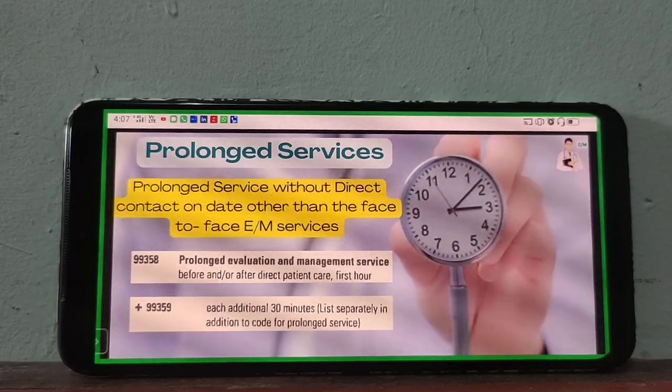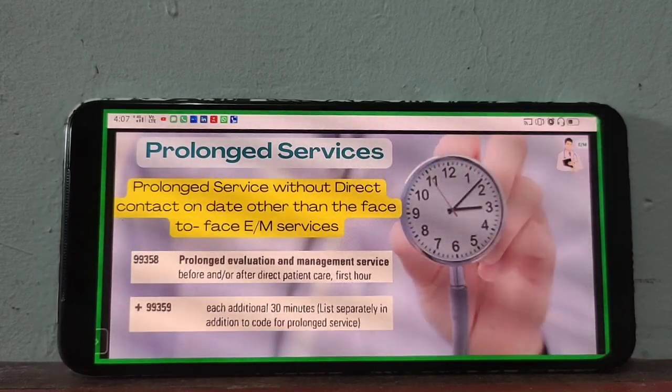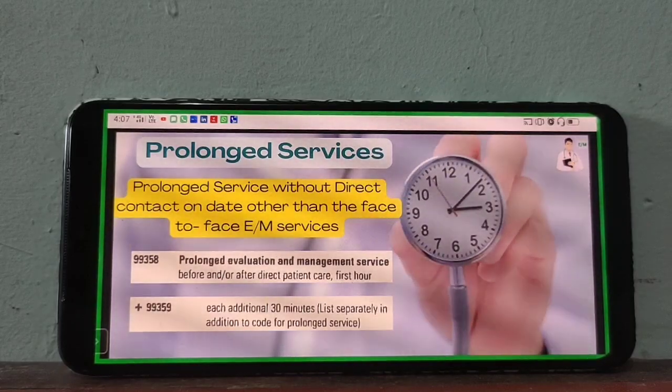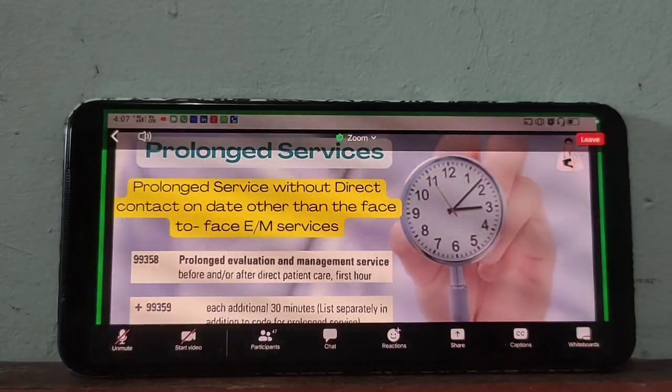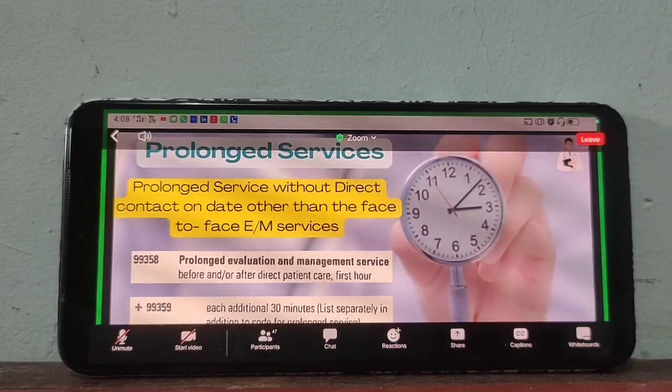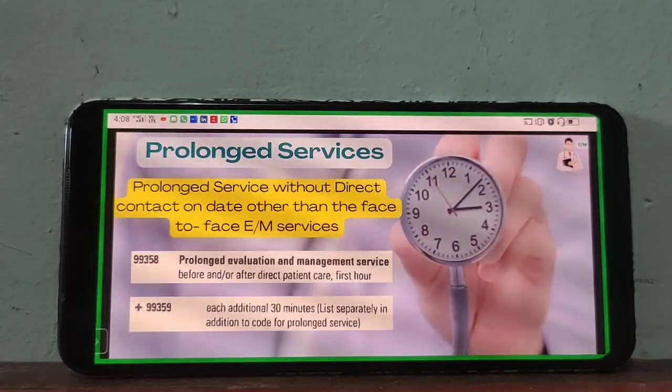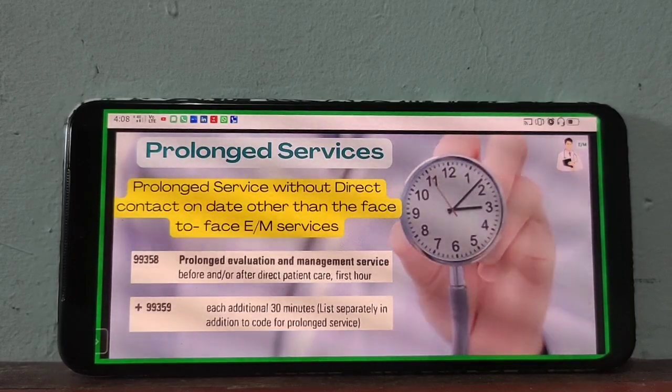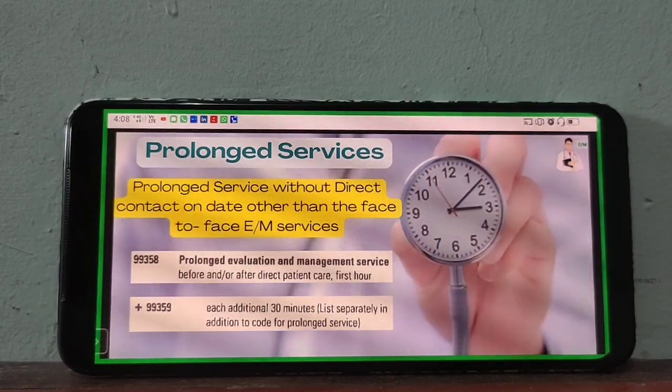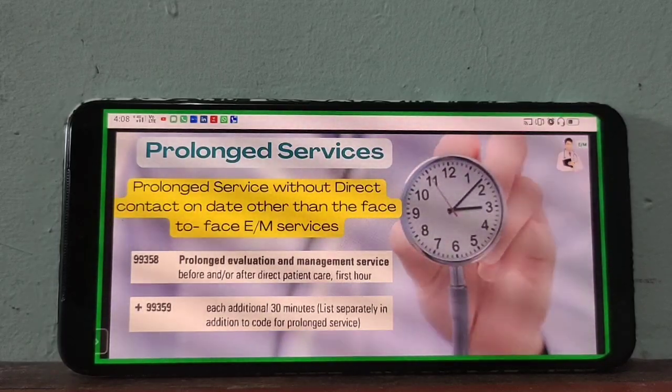Then after means after direct patient contact. So I got the treatment directly from the doctors, and I reached home. And after that, I faced some complication. In the morning, I got the treatment from the provider.